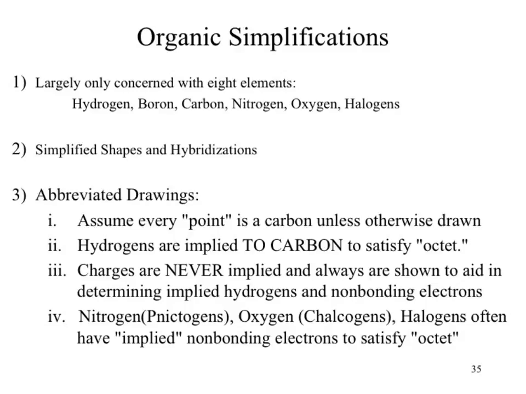Assume every point is a carbon atom, unless we've otherwise specified it. Hydrogens are allowed to be implied on carbon to satisfy the octet on carbon. Okay? We will never imply hydrogens on any other atom. Carbon is the only one you're allowed to imply hydrogens on.